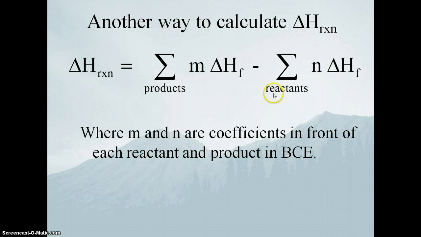So I look on my reactant side, I take each of my components in my balanced chemical equation, I take the delta H of formation of each one of those components, multiply it by the number in front of it, so this again is just the coefficient in front of each molecule or species in my balanced chemical equation, multiply it by the delta H of formation. And so that's the amount of energy needed to form all of my reactants from their standard state.